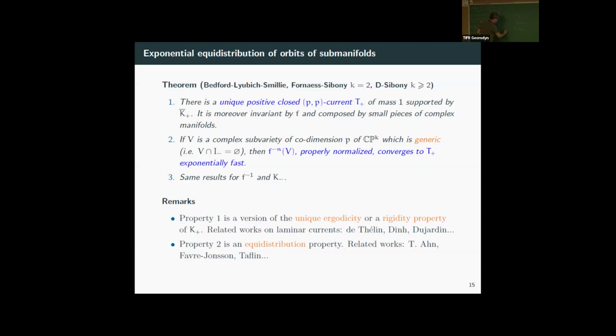If you have one point a, then you have only one probability measure supported in a. This is a Dirac mass at a. You have only one measure. But in higher dimension, the situation is more complicated. So for K plus, you have only one positive closed current of bidegree (p,p) of mass 1.